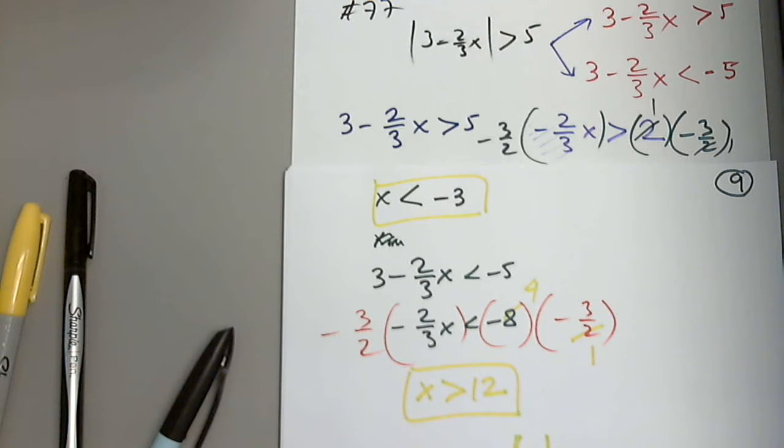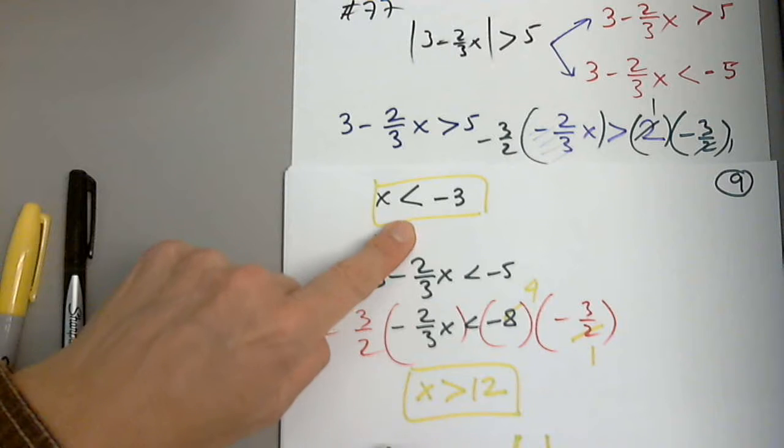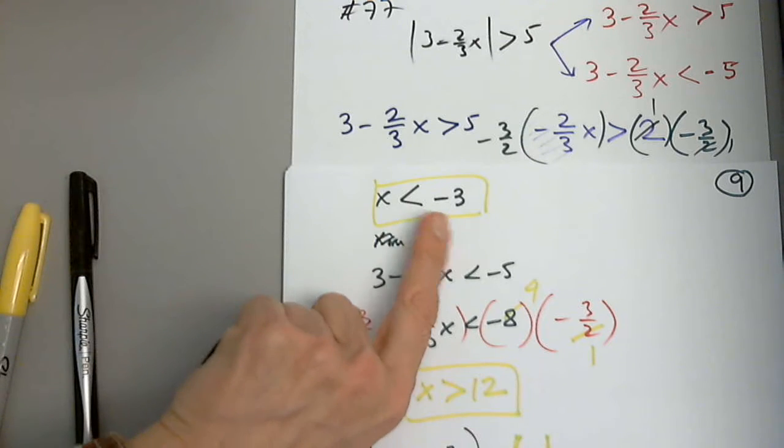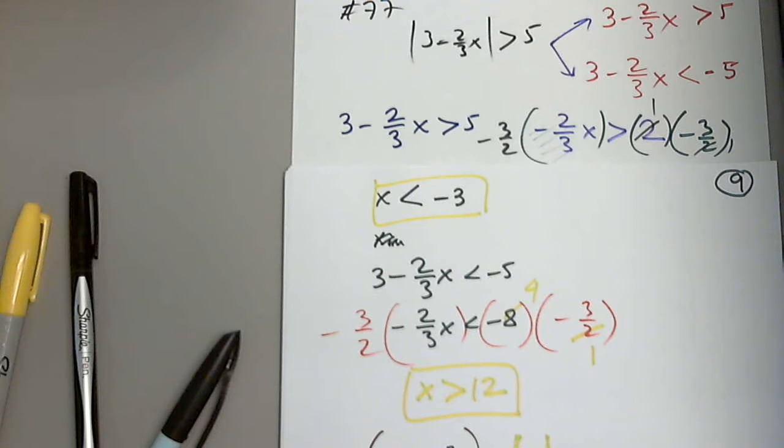X in the interval negative infinity to negative 3. Do we all agree with less than negative 3 is between negative infinity and negative 3? Accepted? So now this one, greater than 12, must be between 12 and infinity. Is this clear? Okay. Do we feel a little bit better about absolute value inequalities?